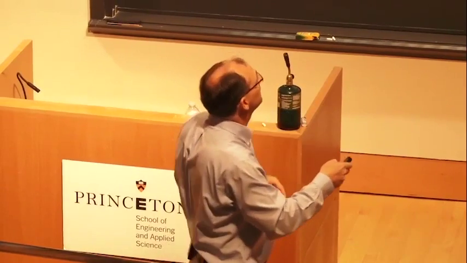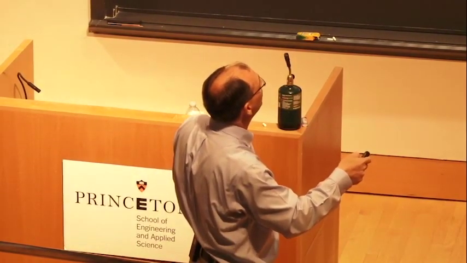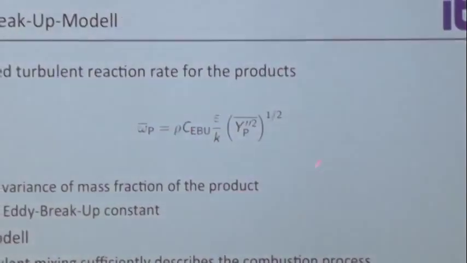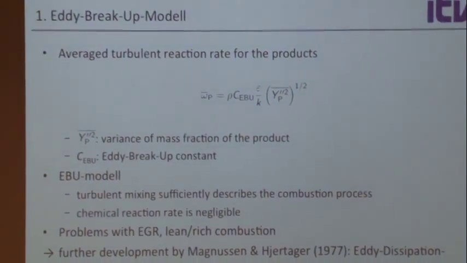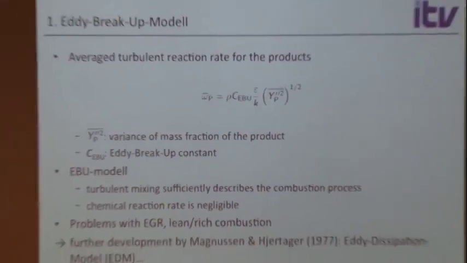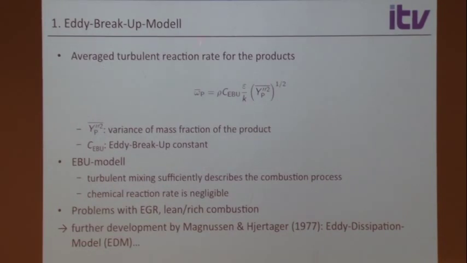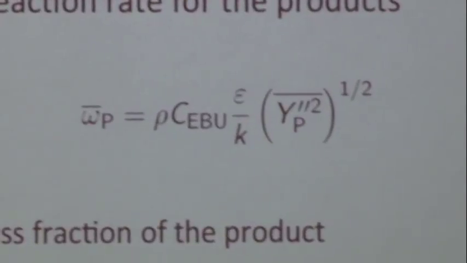So what the turbulence does, it brings patches, as shown here, it brings patches of hot gas into the unburned, and then the dissipation of this variance that you form, that mixes the hot products with the fresh reactants, and so this preheats the reactants. And so this is kind of the idea that's behind this.